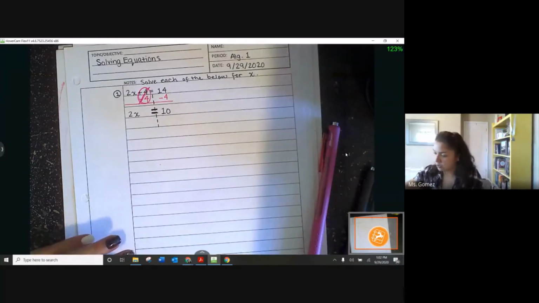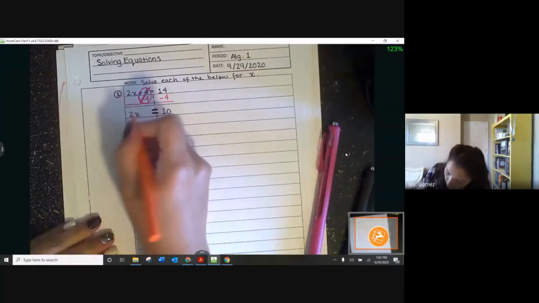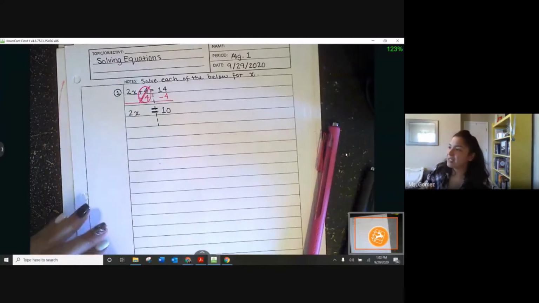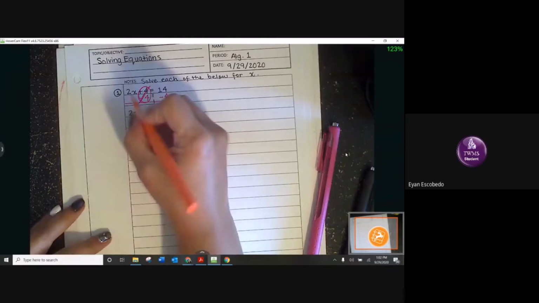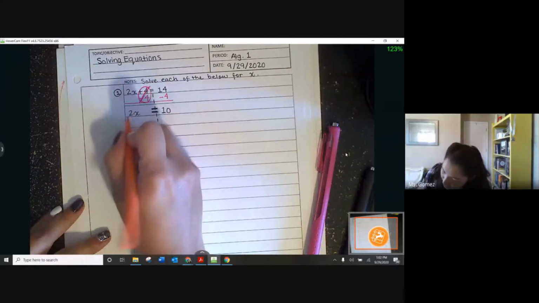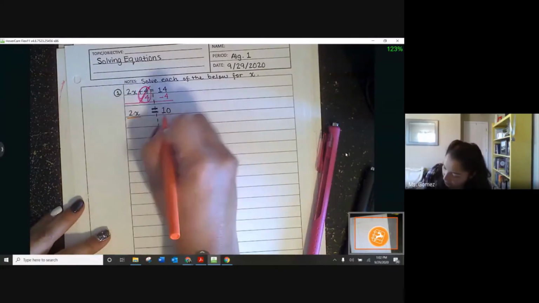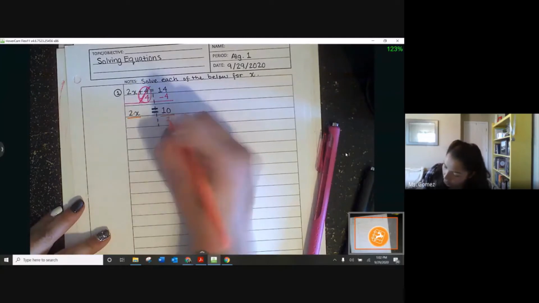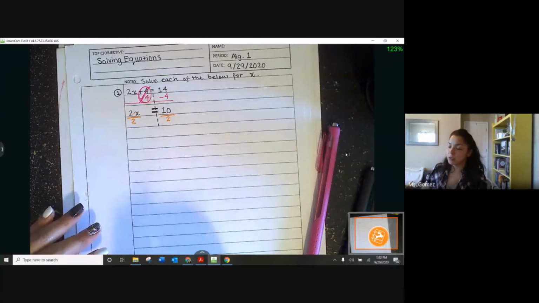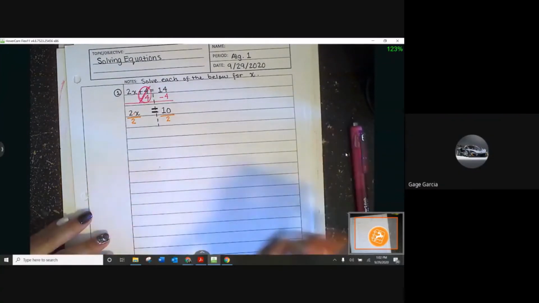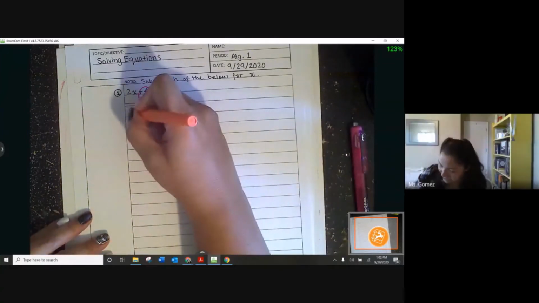Okay, so I'm going to use my orange here. So why did you choose division? Why not subtraction? Because you're multiplying the 2x. You are too smart, Ian. Okay, so your inverse operation is division this time. Do you guys know what 2 divided by 2 is? 1, so it's x by itself. Nicely done, Gage.